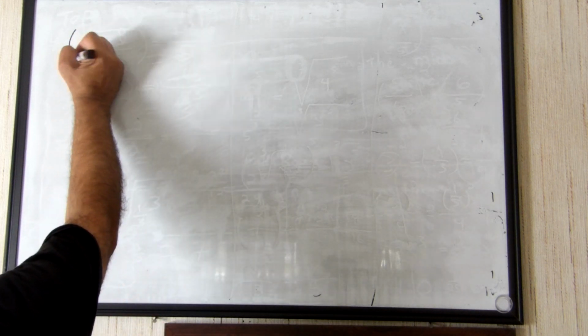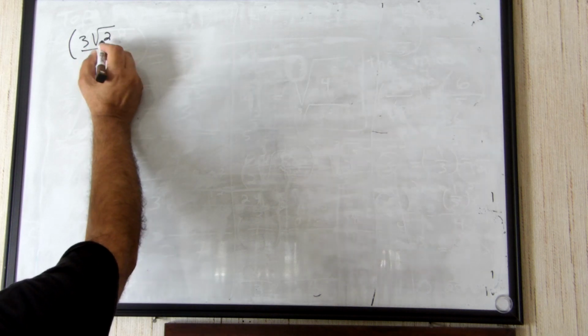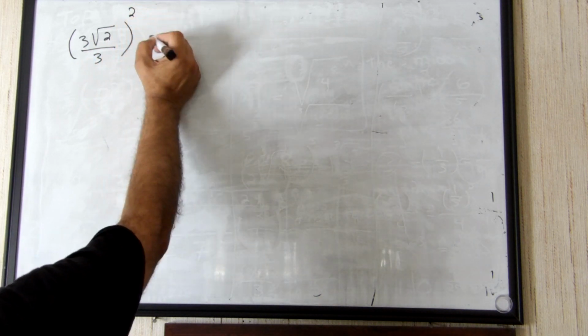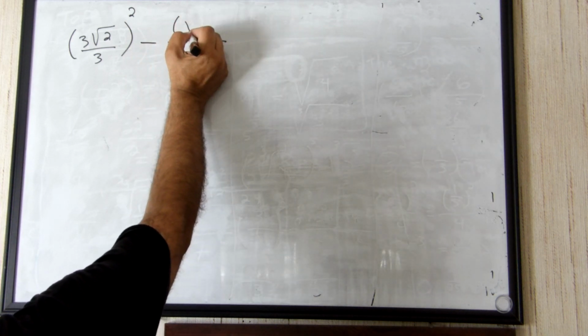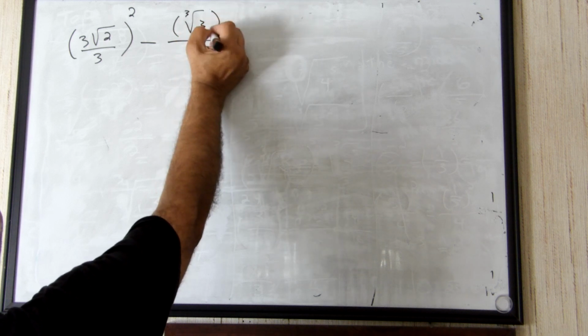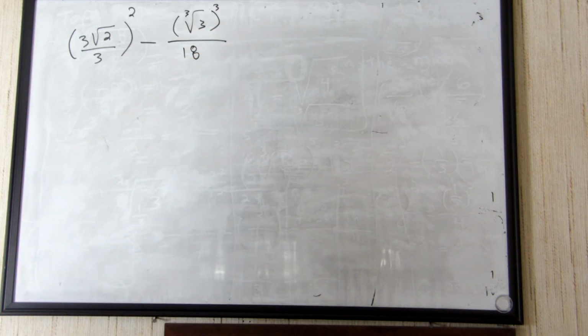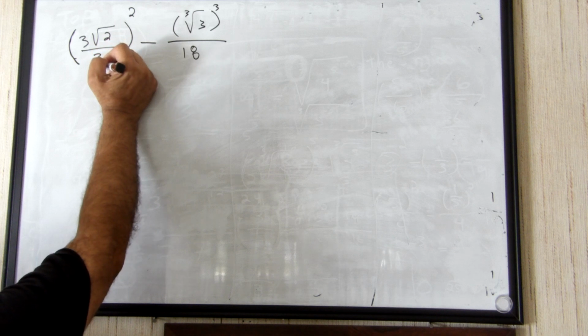Okay, how about we have something like 3 radical 2 over 3, to the power of 2, minus... okay, how do you do this one? See, the parentheses cover the whole numerator and denominator.